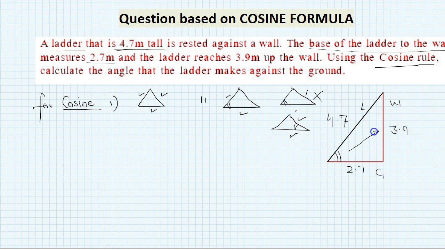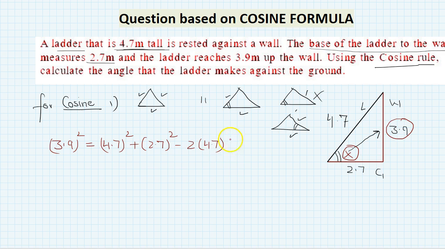As I told you earlier, we will start with this and we will end with this. That is the cosine formula. So we can write 3.9 square is equal to, the other two sides, 4.7 square plus 2.7 square minus 2 multiply 4.7 multiply 2.7 cos x.